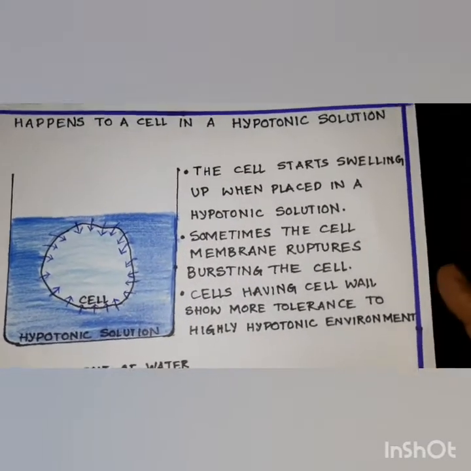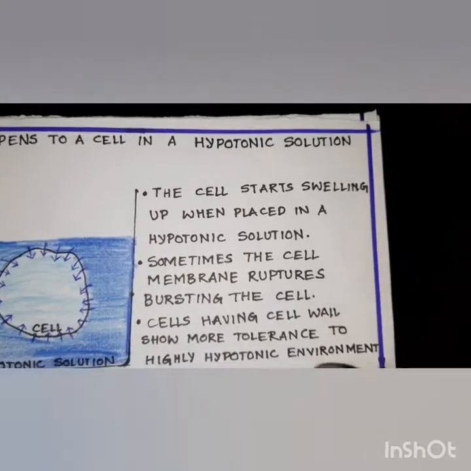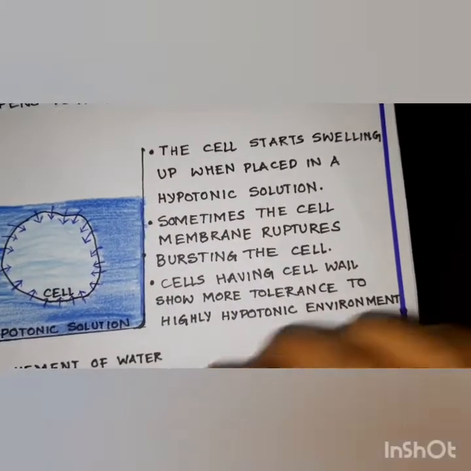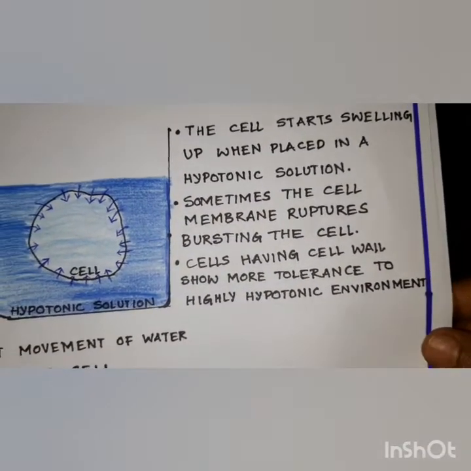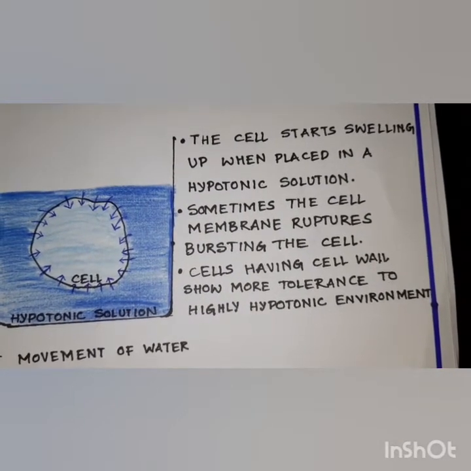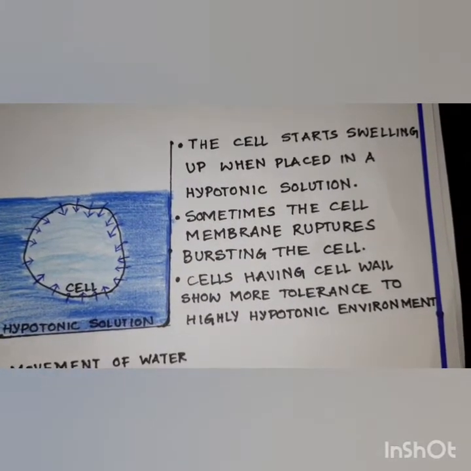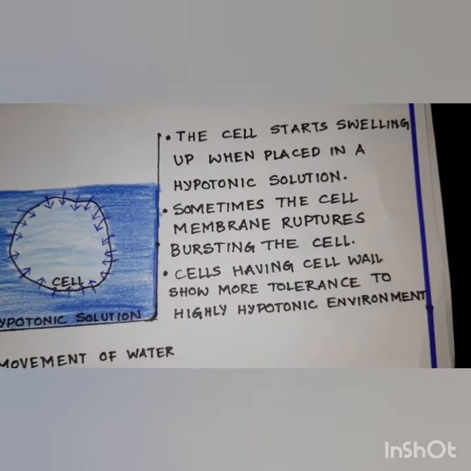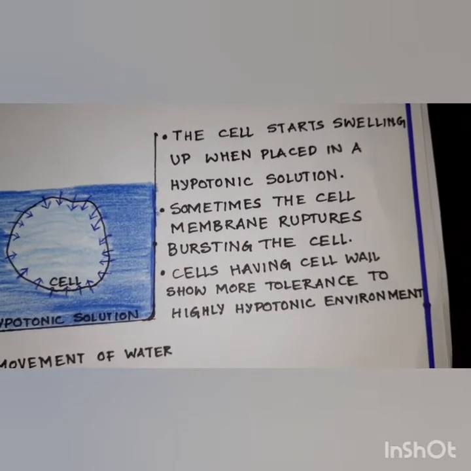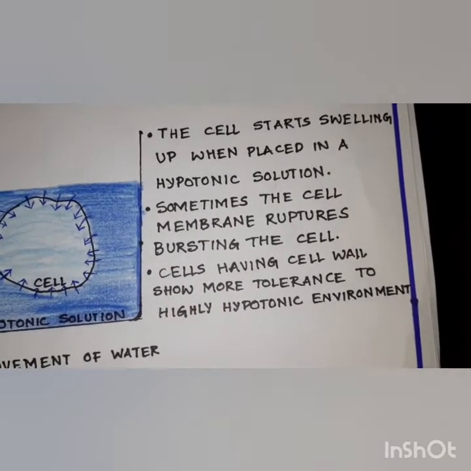So here the cell will swell in case of a hypotonic solution. If the cell keeps on remaining in a hypotonic solution and it does not have a cell wall, that means it is an animal cell, the cell membrane will rupture and the cell might die. But some cells, as you know, have a cell wall, like a plant cell, bacteria, and fungi.